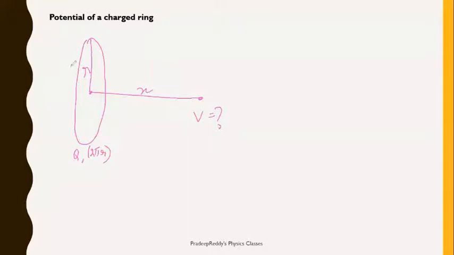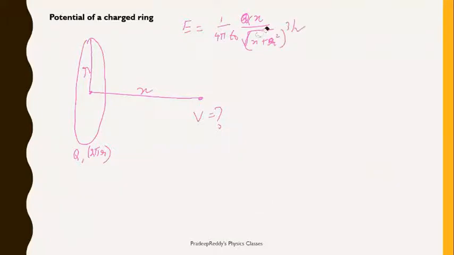Now, in order to find the electric potential, you have two different ways. One is, if you know the electric field due to a ring at this particular point, we have the basic equation E is equal to 1 divided by 4 pi epsilon naught into capital Q into x divided by (x square plus R square) whole power 3 by 2.